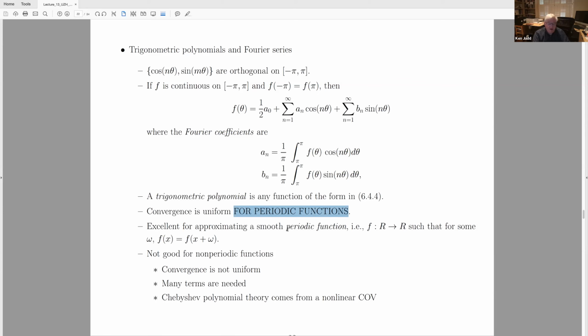So Fourier series are excellent if you want to approximate a smooth periodic function. The problem is that we don't typically deal with periodic functions. For example, the production function f of k. Let's say you have a small capital stock, k equals 1. Let's say the big capital stock is k equals 100.